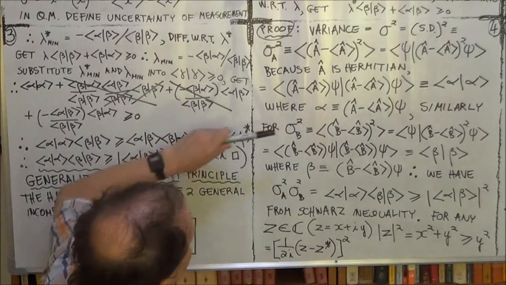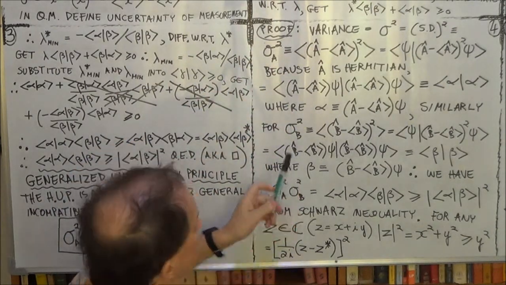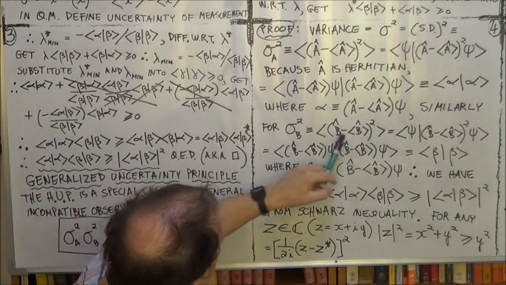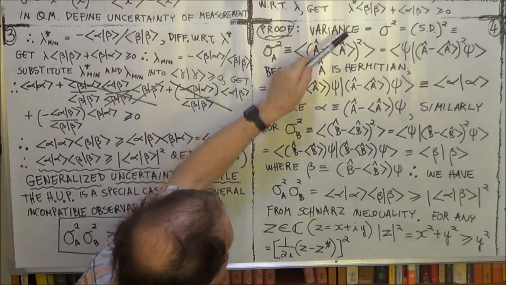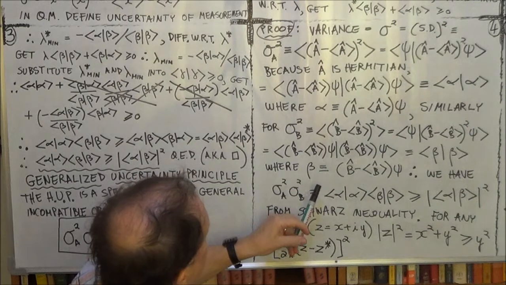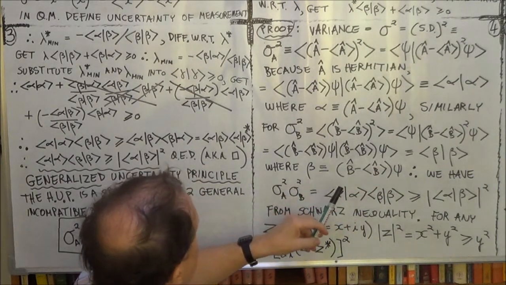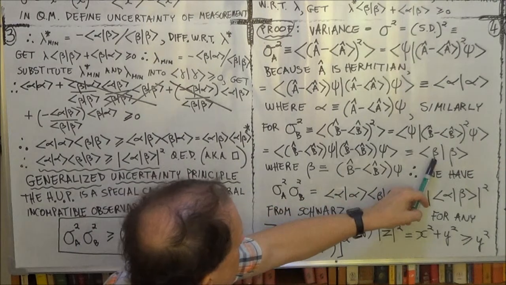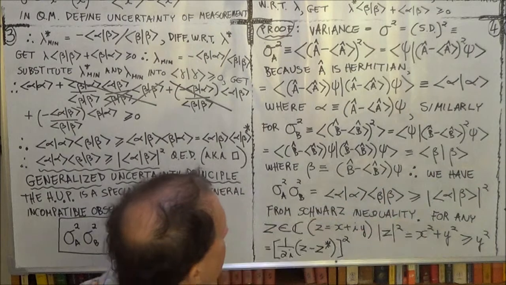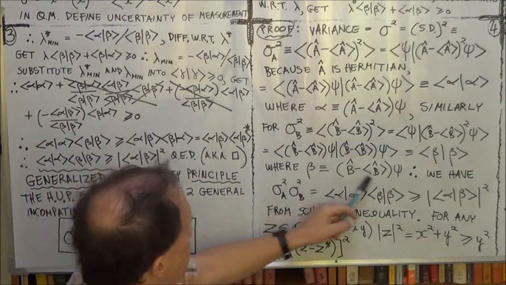Now I can do something just the same for observable B, the other one. Where I've got A here, just substitute B, and I'll get just the same thing. So let beta be this, times psi.